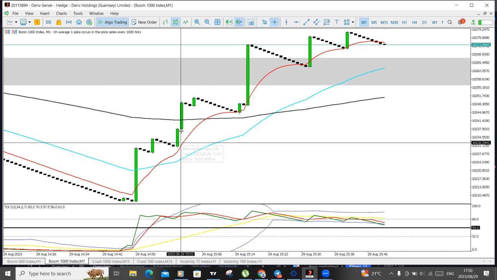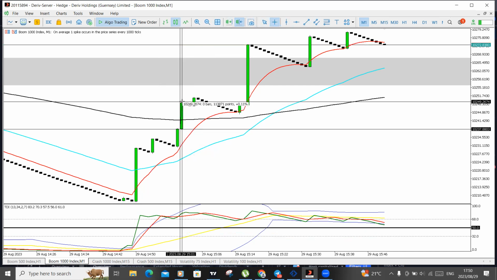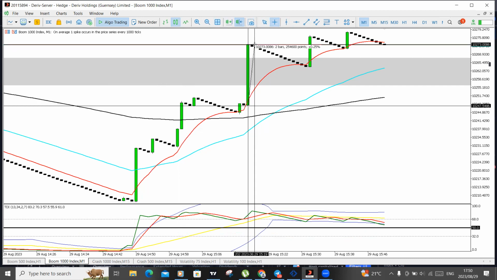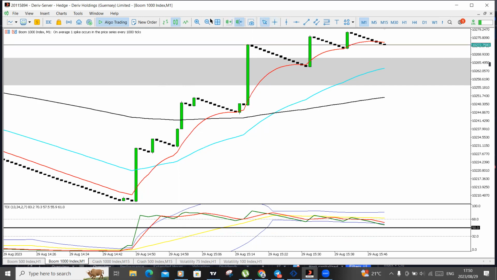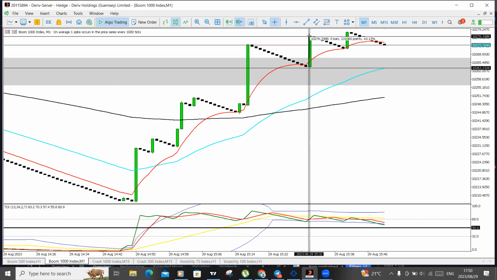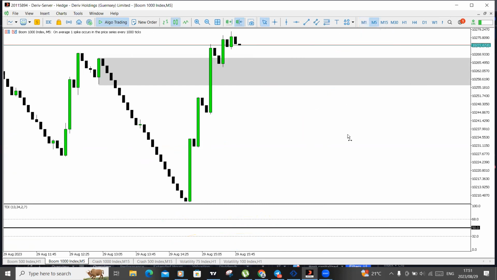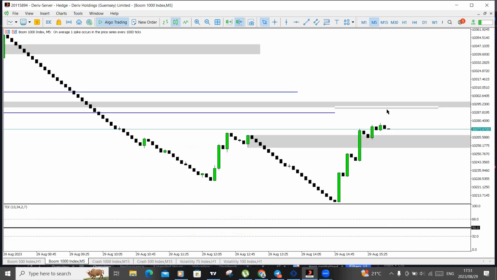But when it's really moving, it will throw bigger spikes like this one, 11. This one here was big, 25. So we're literally looking for one more bigger spike at this stage. And if we can get one big one like 20 pips, then that'll get us straight to our target right there.